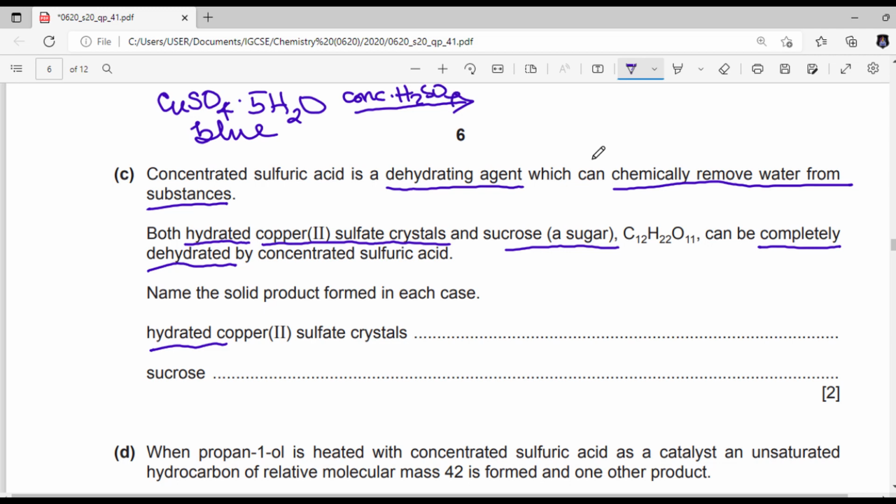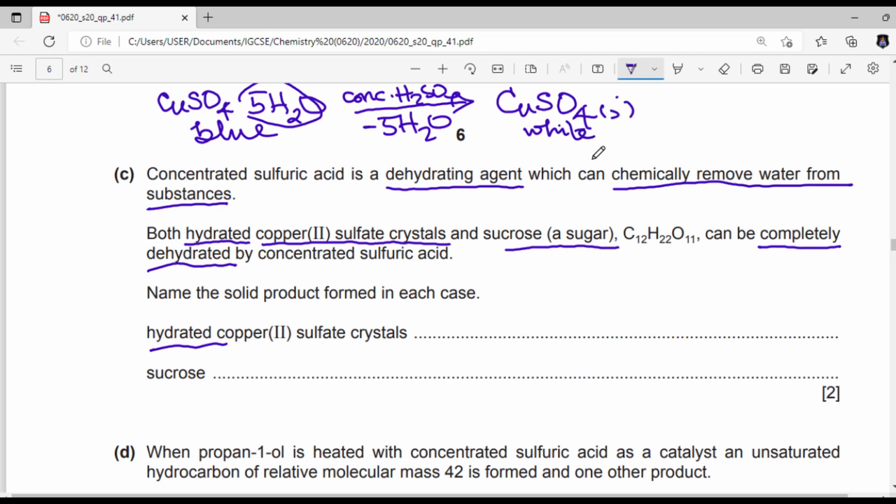Because this conc H2SO4 has a strong affinity for water. It will remove all the water molecules here to give us CuSO4, that's minus 5H2O, to give you CuSO4 white.